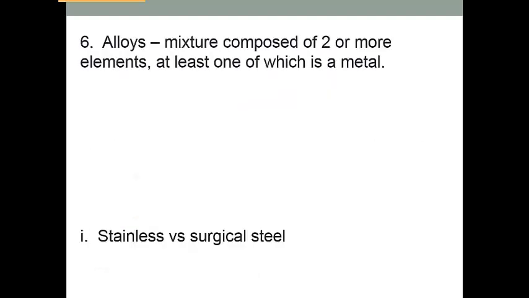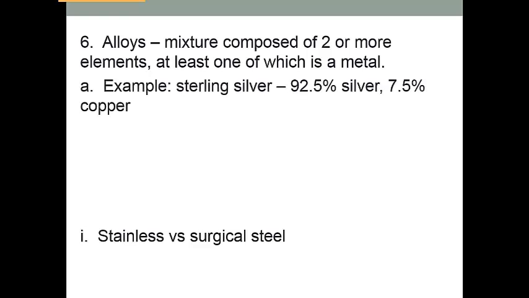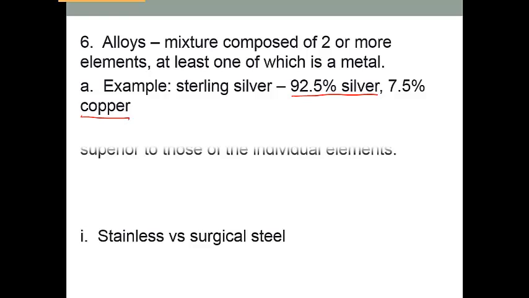If we take a look at alloys, we hear about alloys a lot. This is a mixture of two or more elements, and at least one of them has to be a metal. We had sterling silver. Sterling silver is not actually on the periodic table. Silver is, but when we say a piece of jewelry is sterling silver, it's actually a mixture. It has silver and it has copper, so it has two elements mixed together, which makes it a mixture.